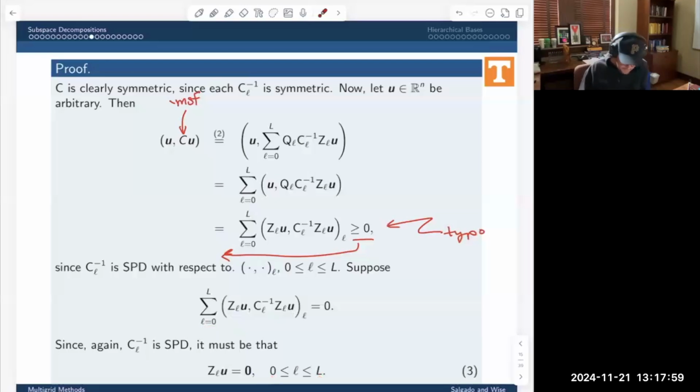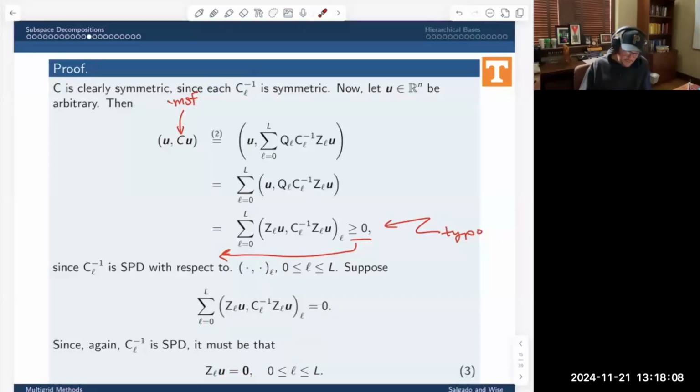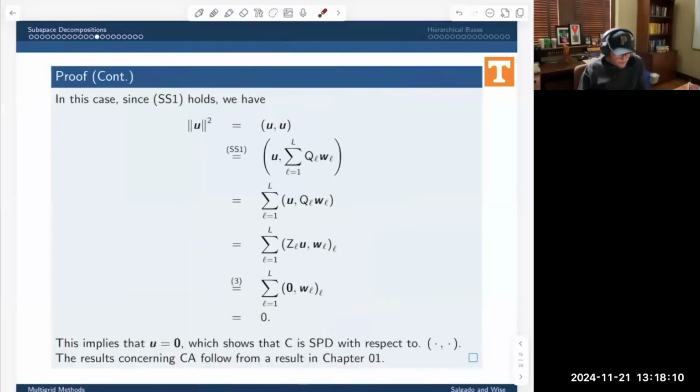So now I just have to prove that the only way that this can happen is if U is equal to 0. So let's see. All right. So let's have a look at, let's include that in some sort of writing of U. So let's look at the norm of U squared. So the norm of U squared, of course, is just equal to the inner product of U against itself.